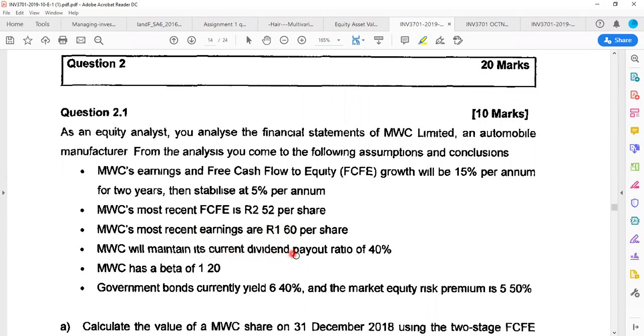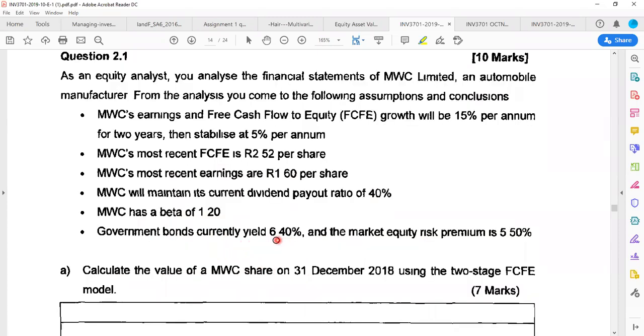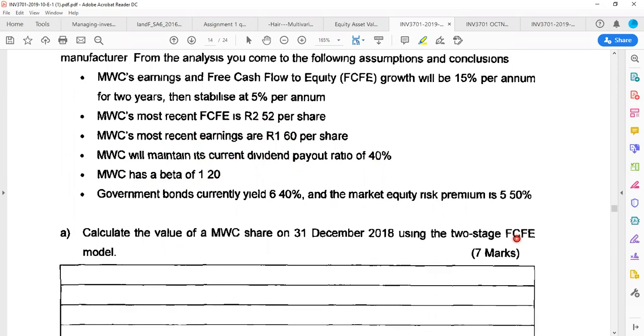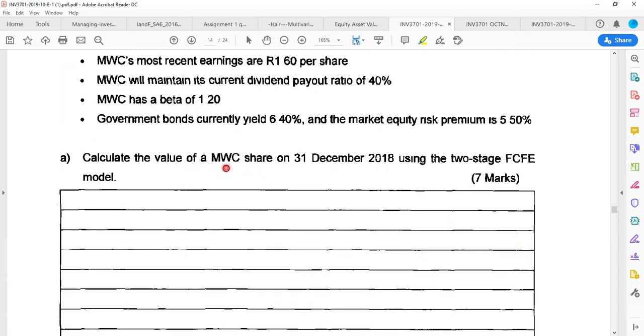MWC will maintain its current dividend payout ratio of 40%, and MWC has a beta of 1.2. Government bonds currently yield 6.4%, and the market equity risk premium is 5.5%. Calculate the value of MWC share on 31 December 2018 using a 2-stage free cash flow to equity model.